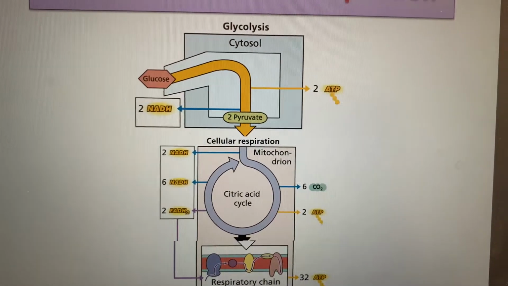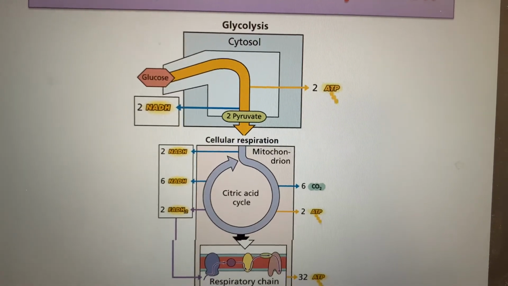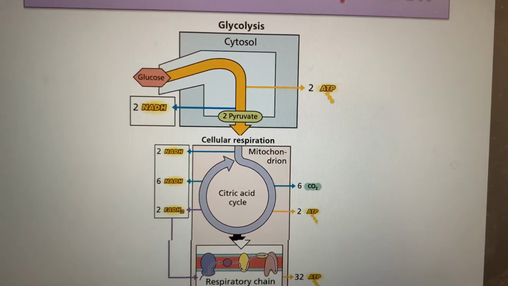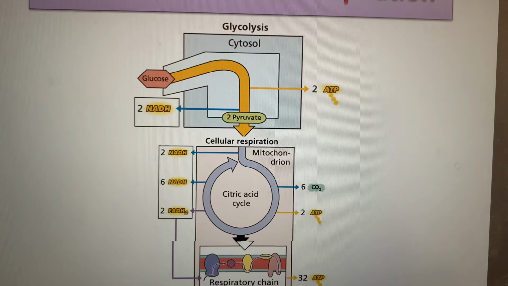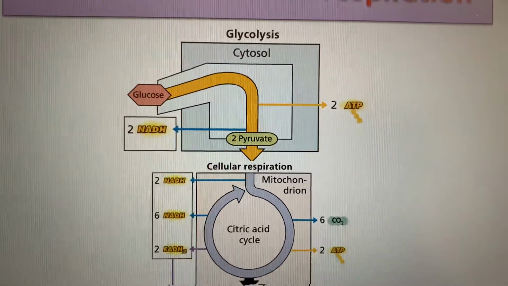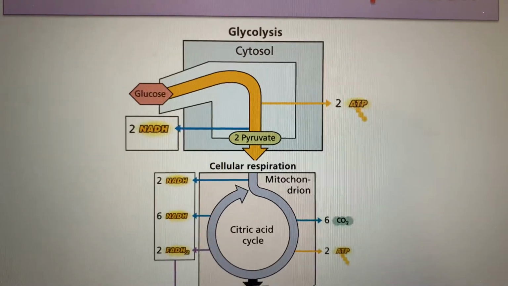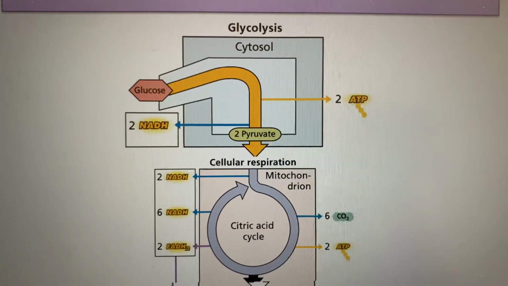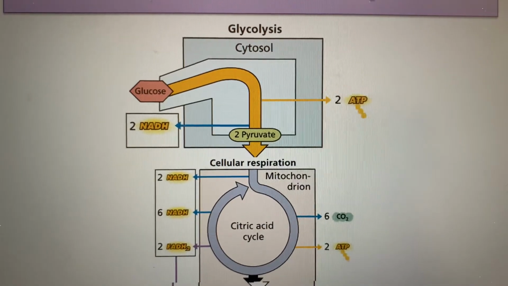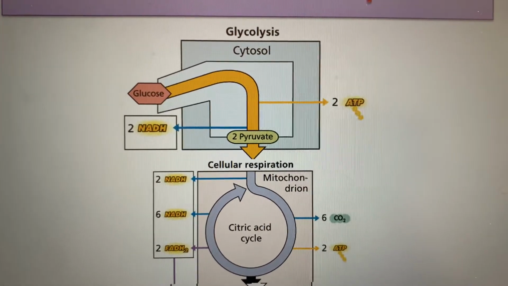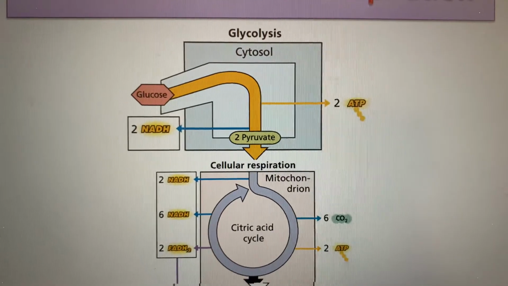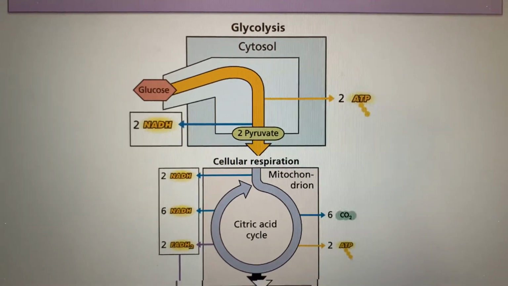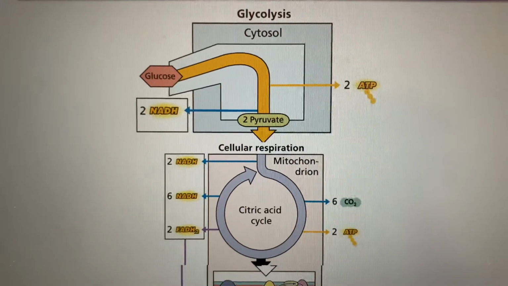from the next step, 2 pyruvate enters into Krebs cycle, or citric acid cycle, and here it produces again 2 molecules of ATP, and NADH is produced here in 2 steps. FADH2 is also produced along with 6 molecules of carbon dioxide.